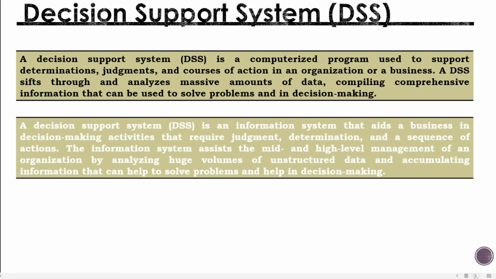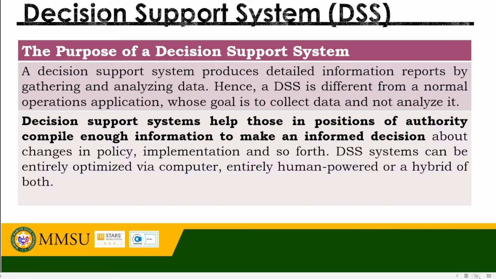But the purpose of this decision support system is to really produce detailed information, okay, reports by gathering and analyzing data na gagamitin ngayon ng mga managers for decision making.